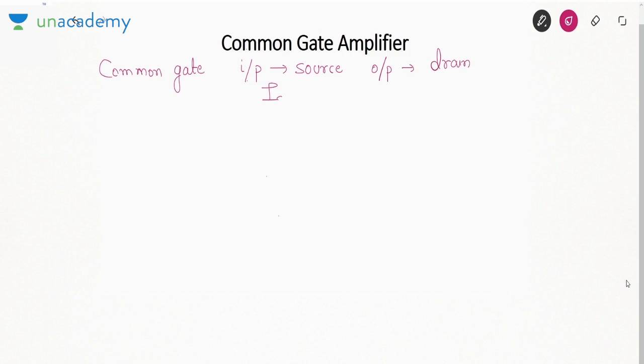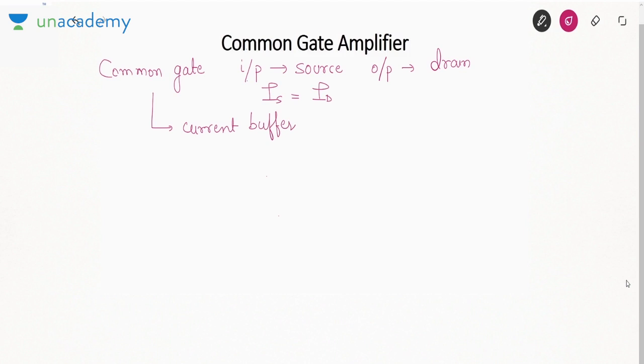Now I very well know in a MOSFET that the source current is equal to drain current. If that is happening, I can say that this common gate configuration is working as a current buffer. Buffer means which passes the same value further. So it is passing the source current at the output.